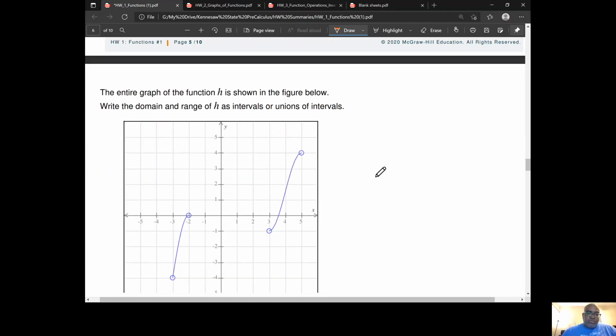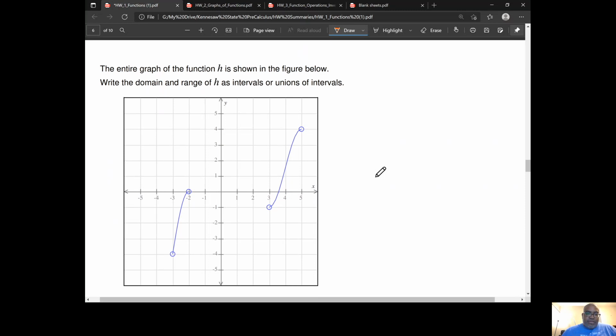All right. Question 17. The entire graph of the function h is shown below. Write the domain and range of h as intervals or unions of intervals. So the domain is all possible x values. So I start at negative 3, but it's not on negative 3 because it's an open circle.